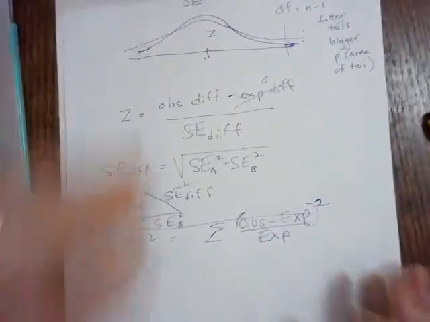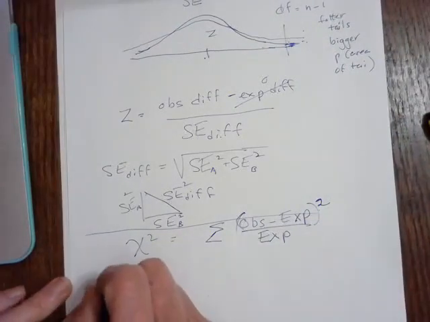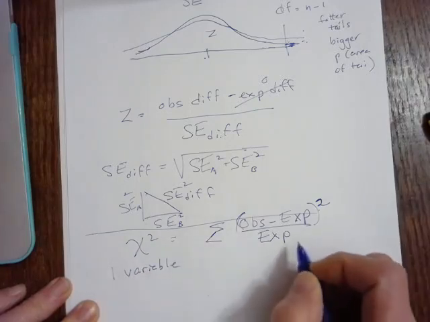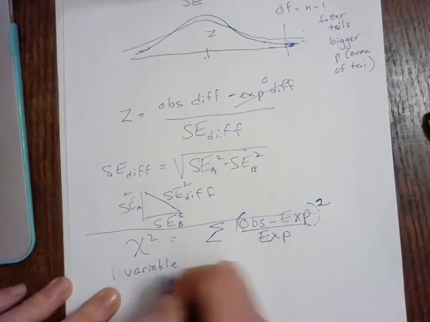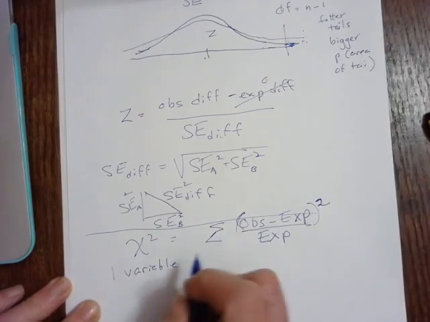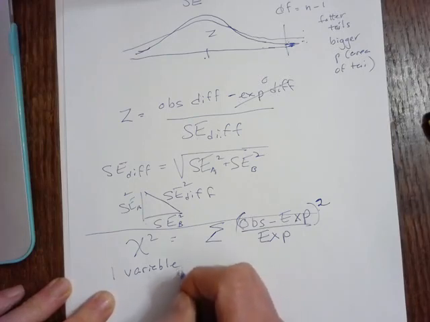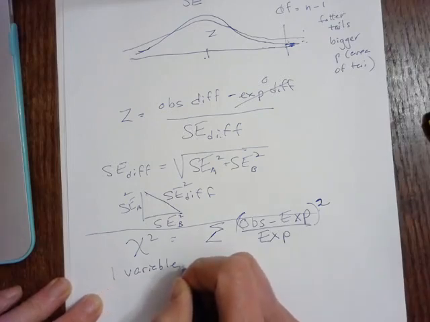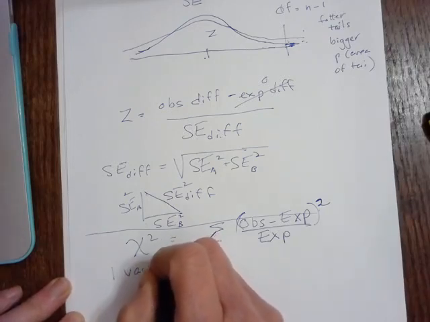And we learned two uses of it. One was when you have one variable with multiple categories. That's called the chi-square goodness of fit. They use the same statistic, but this is the goodness of fit one: how well does it fit some model? So one variable, this is the chi-square goodness of fit here.